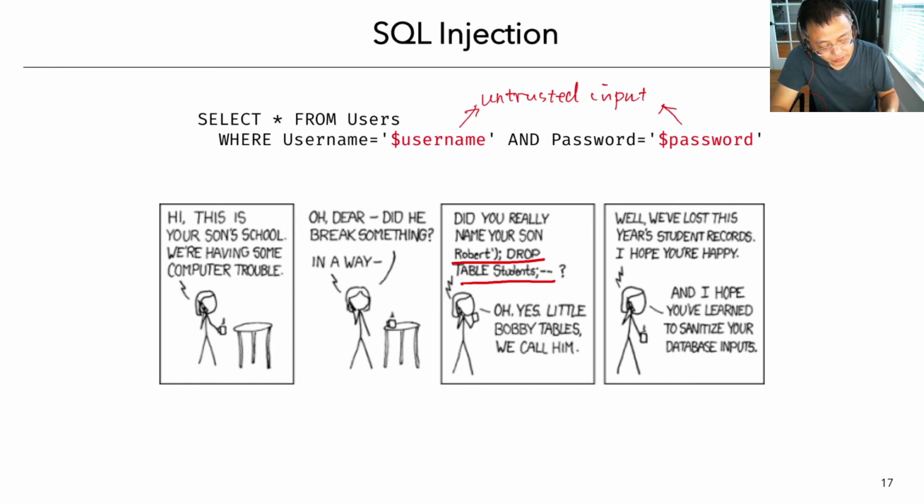Okay, so if you look at this, if we put this into this query, we get a username equals the first half of the quote, Robert. Then there is another quote in the input.